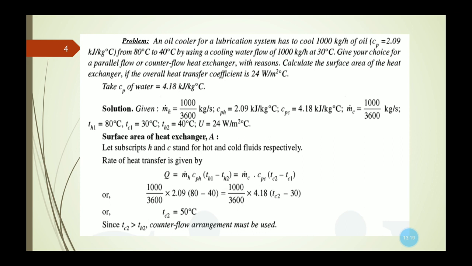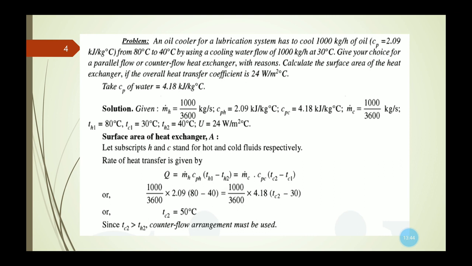So using that similar concept, that is, heat lost by the hot fluid is actually heat gained by the cold fluid. If we use this rate of heat transfer concept, then the formula is Q equals m dot h Cph (Th1 minus Th2), which equals m dot c Cpc (Tc2 minus Tc1). So the notations are very much clear to us.